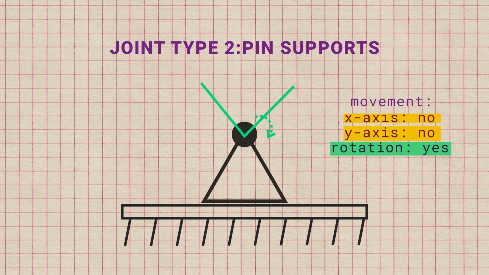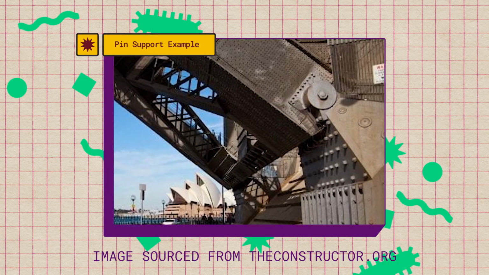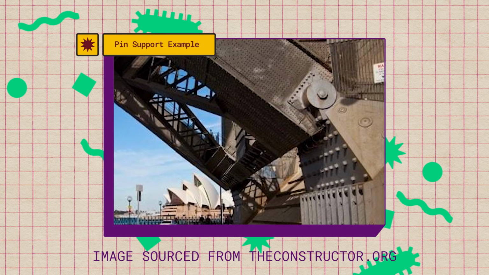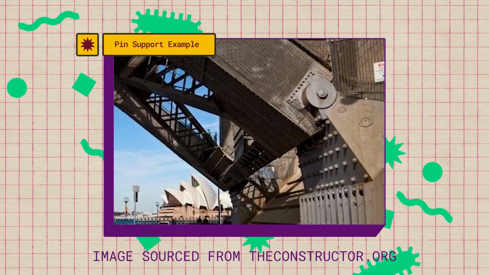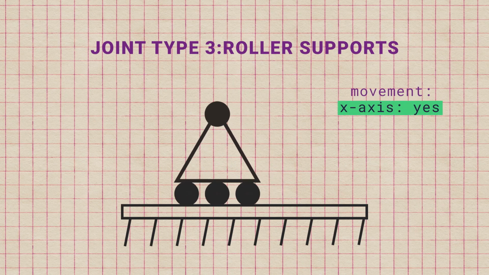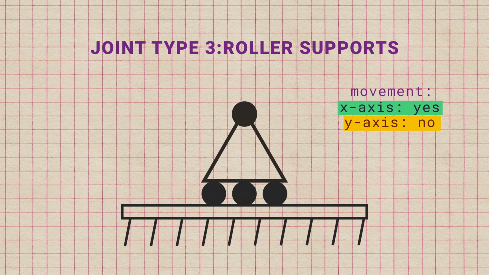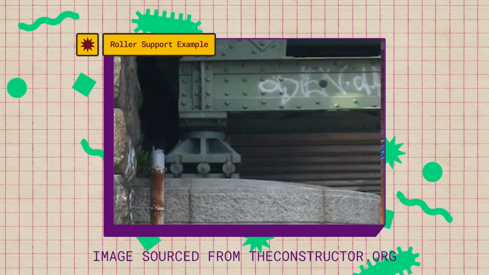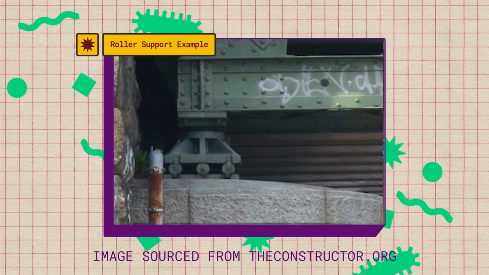Pin supports allow some rotational movement. While rotation is allowed at these locations, there should not be any movement from side to side. The third type are roller supports, which allow for the most movement. Roller supports, for example, might be used for a beam that should be able to move slightly from left to right, but not at all up and down.